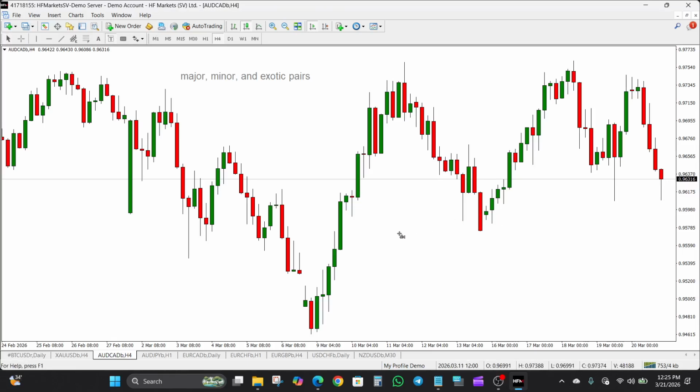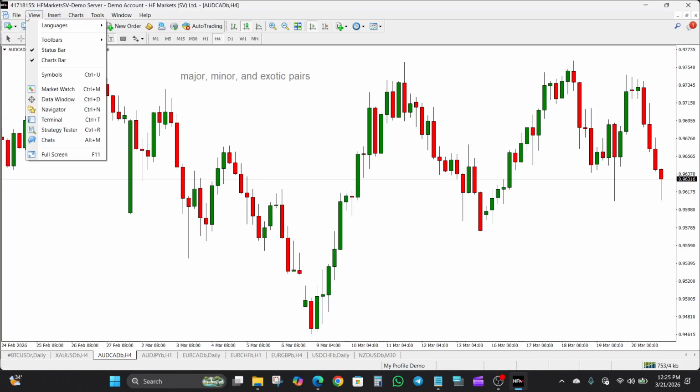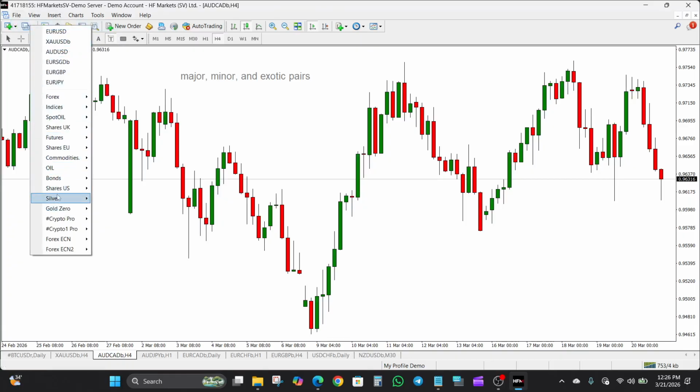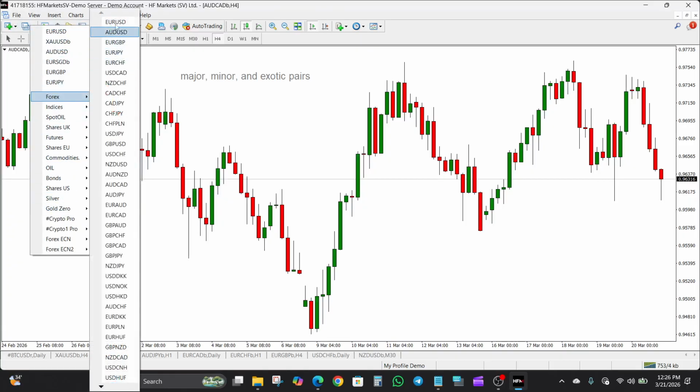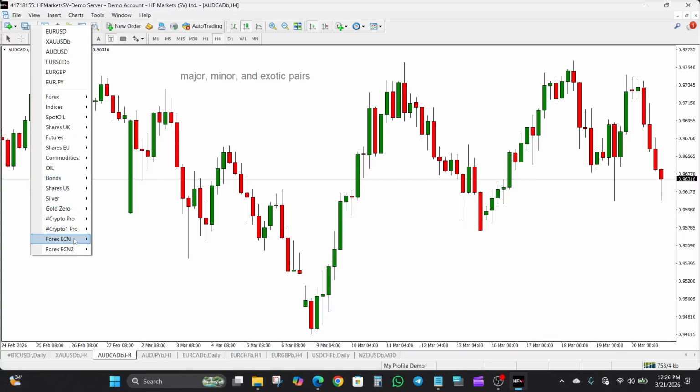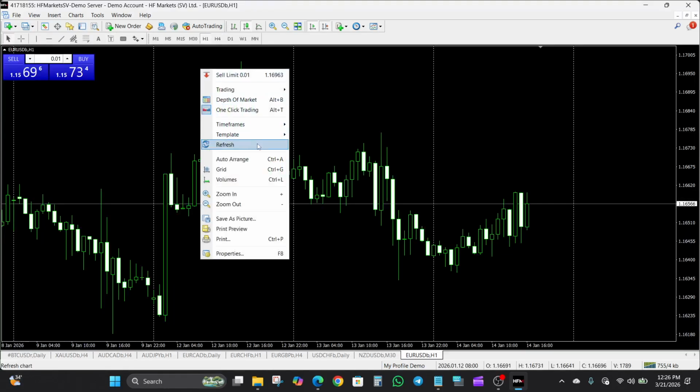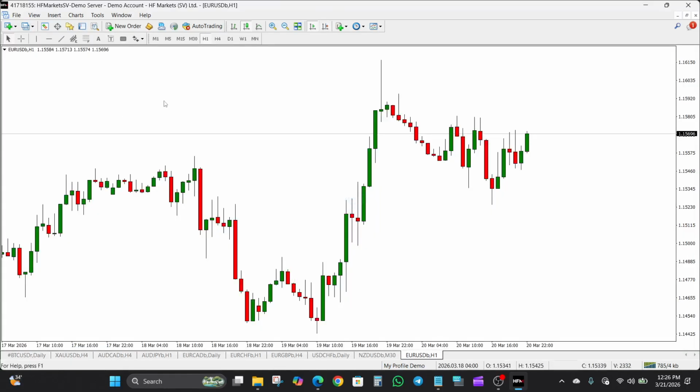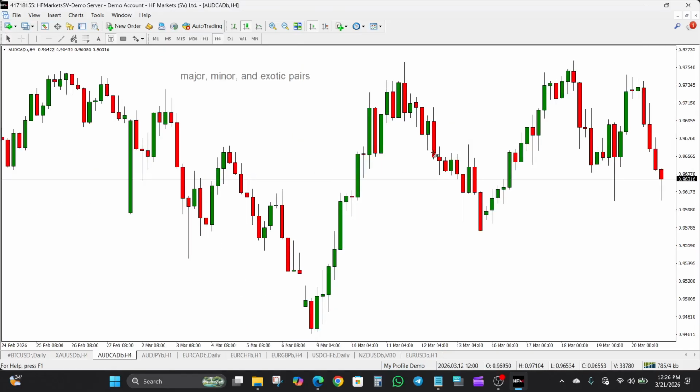Examples of major pairs are Euro USD, or USD JPY, because they include the US dollar and another strong currency. These pairs have high liquidity, tight spreads, and smoother price movement, making them popular among traders.